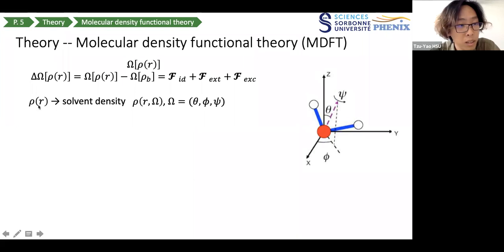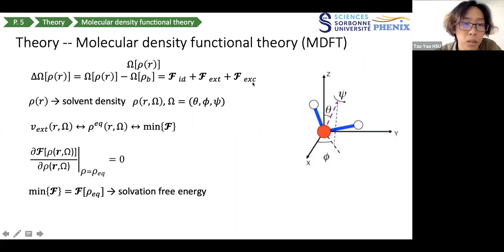So in MDFT, the particle density describes the solvent density. And we can simply generalize the dependency of solvent density on not only the space coordinate, but also the orientation of the solvent molecule. And here is a schematic representation of how we determine the orientation of a water solvent molecule.